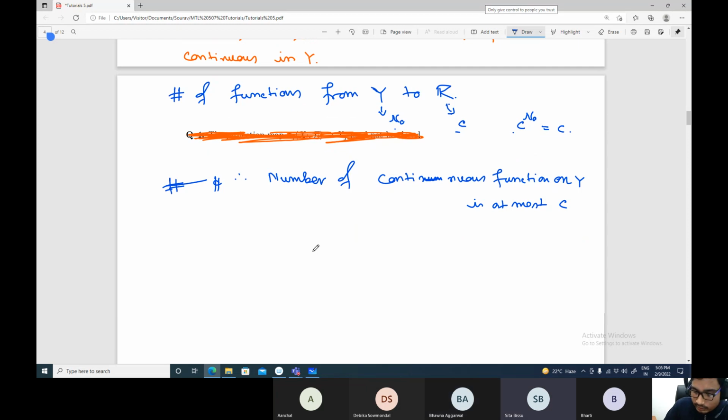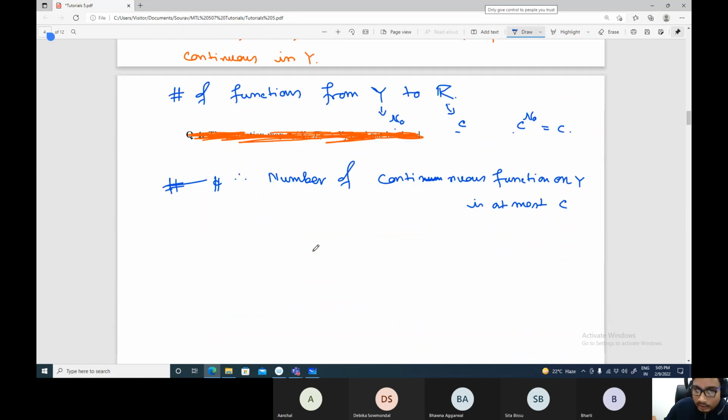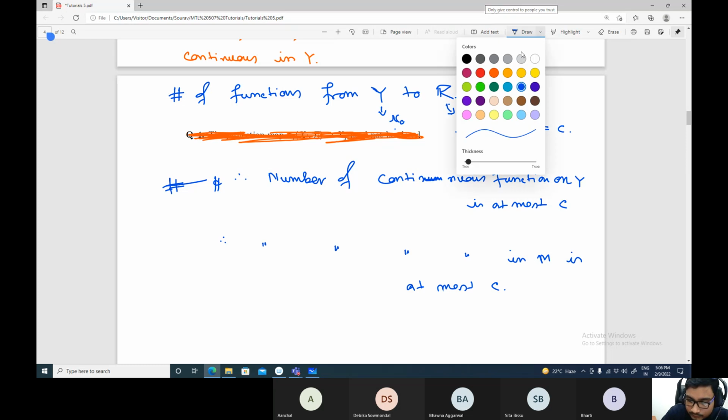Now each continuous function on Moore's plane is also continuous on Y. Therefore, the number of continuous functions on M is at most C, right? This is one argument.